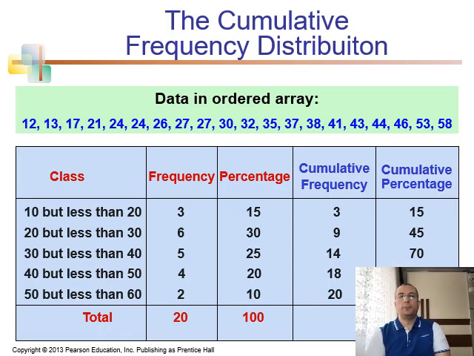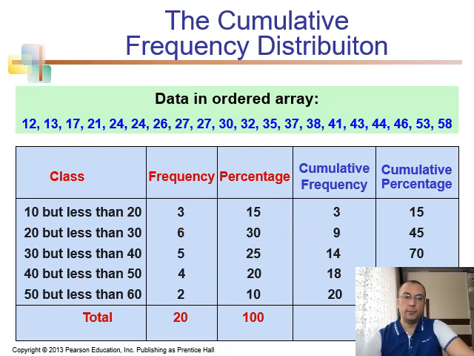Another thing is, now we know how to create a frequency table, and we also know how to convert it into percentage. We can do the same thing as cumulative frequency. For cumulative frequency, we need to add the frequencies.